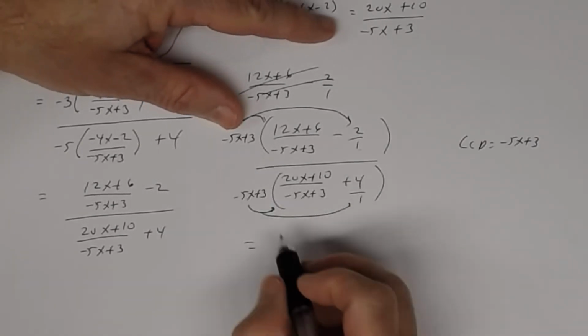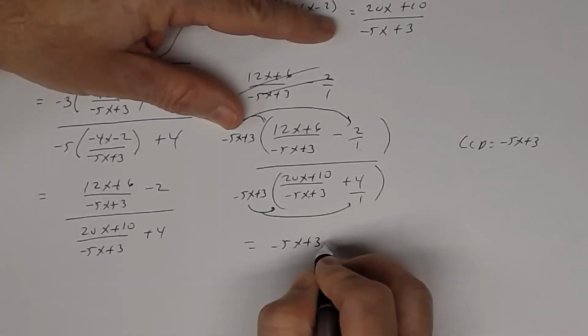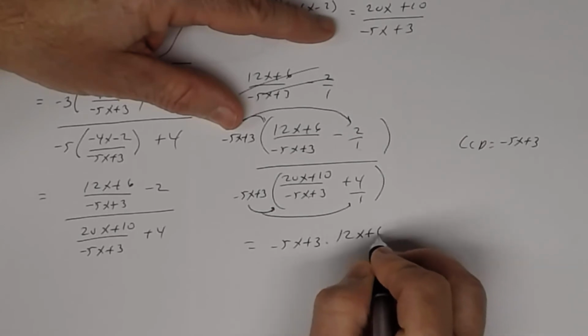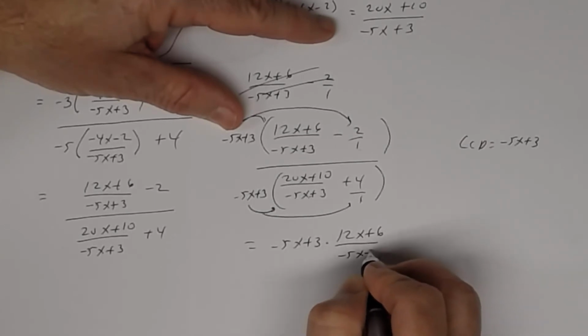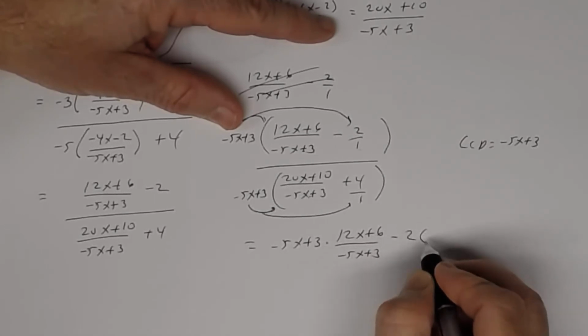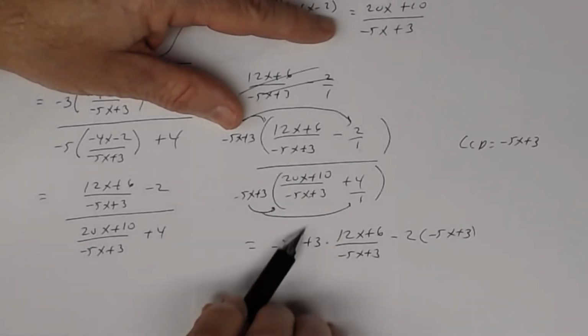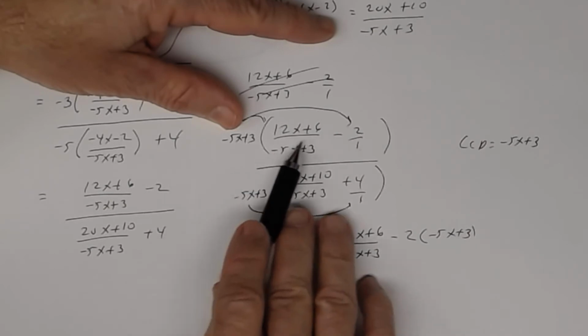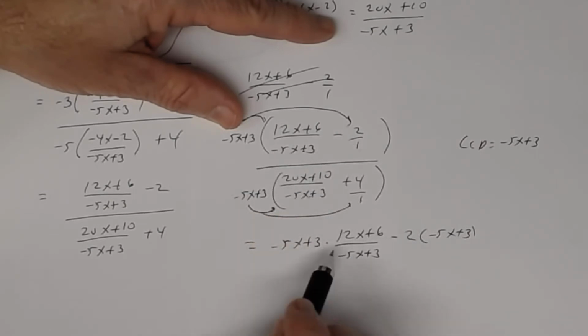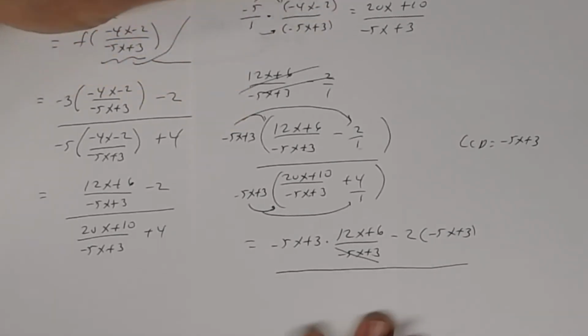This becomes negative 5x plus 3 times 12x plus 6 divided by negative 5x plus 3 minus 2 times negative 5x plus 3. So this times this is this. This times this is this. These, and let's come back and do that later. And then divided by, and then do the same thing here.